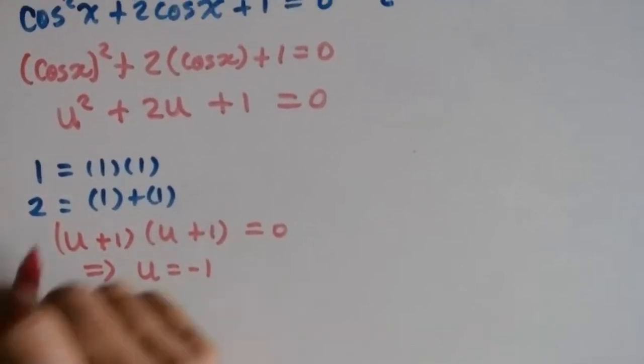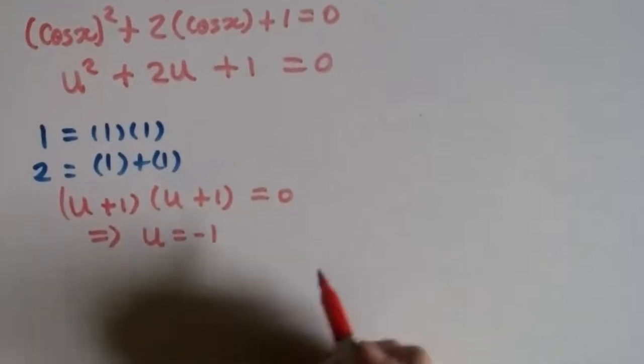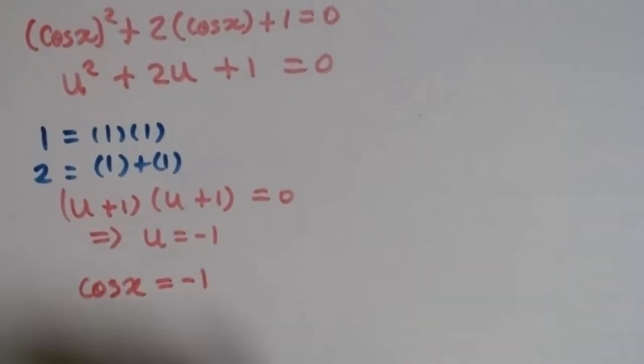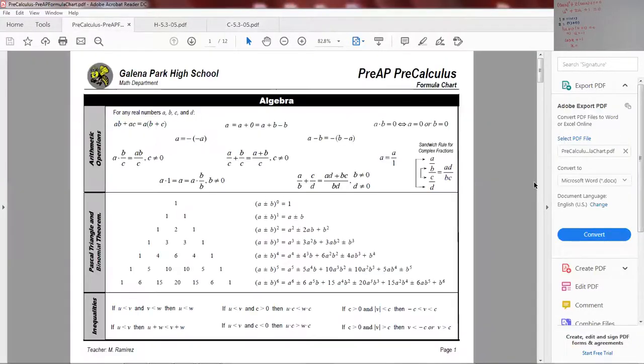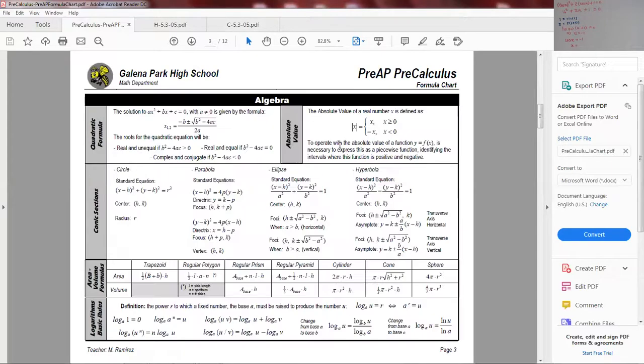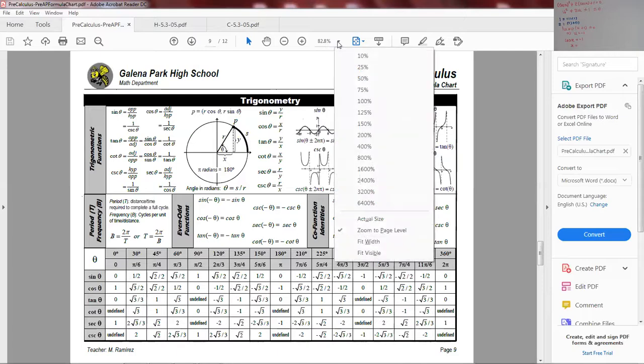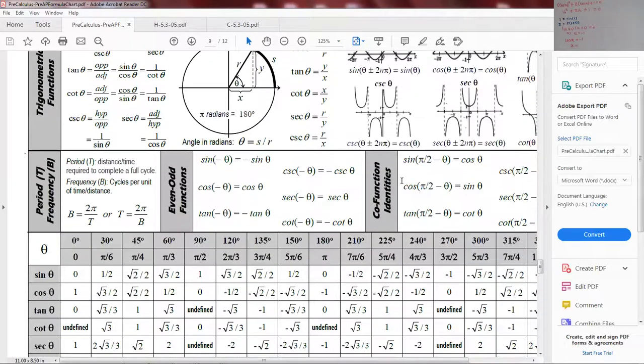Now, what is the u? Well, I covered with the u the cosine x, so I'm going to put cosine x equals negative 1. And I have to check for what values the cosine is negative 1. Don't forget that you have this formula booklet, and here is your table with the values, you see?